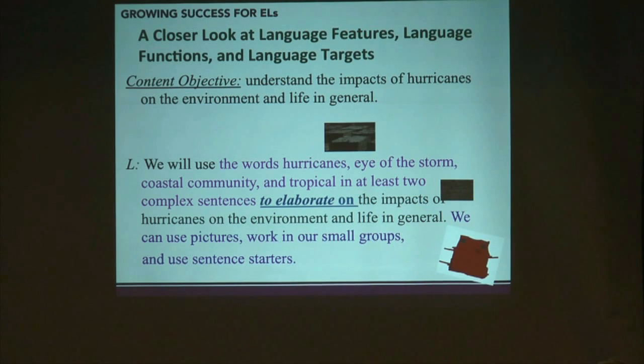And we're going to write at least 2 complex sentences using those words. And yesterday our function was summarize. Today we're going to elaborate. We're going to expand when we think about the impacts of hurricanes on the environment.